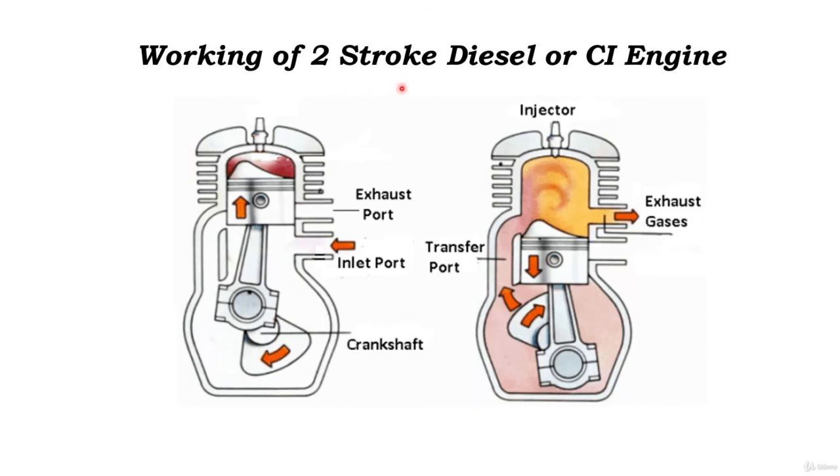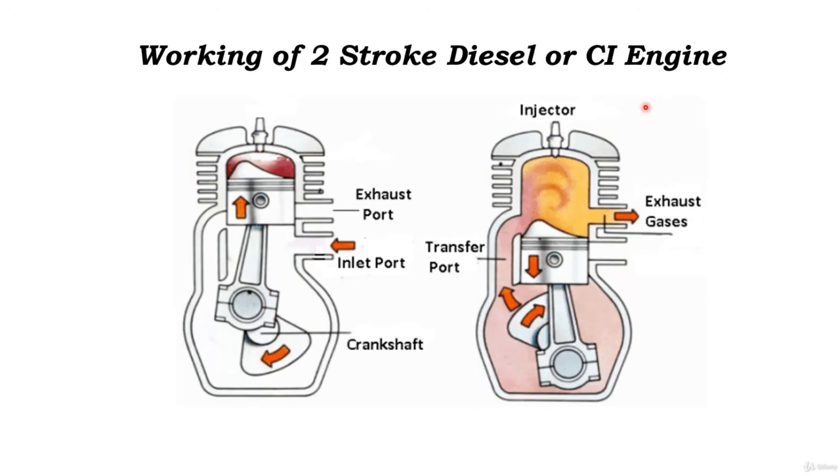Here in this engine, the fuel which we are using is diesel, so we call it a two-stroke diesel engine, and the ignition takes place during the compression, so we also call it a compression ignition engine. Whereas in the petrol engine, the fuel which we were using was petrol, and the ignition was taking place with the help of the spark plug, so we call it an SI engine.